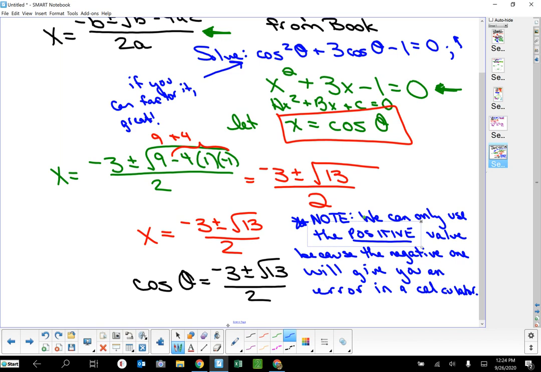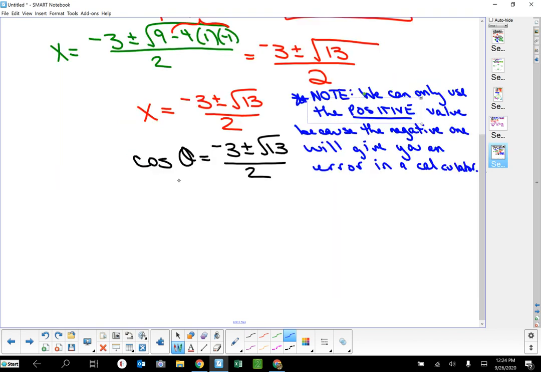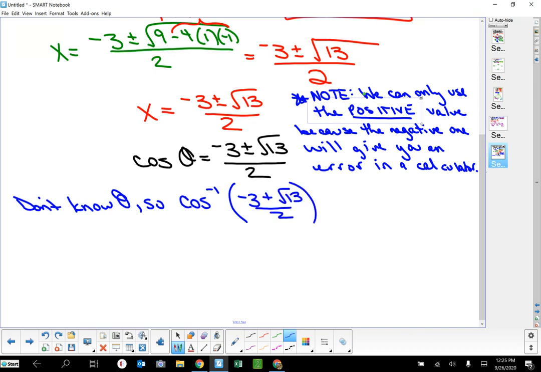So because we don't know the value of the angle, we're going to go inverse cosine, and we're going to use the plus root 13 over 2, and you're going to get theta.